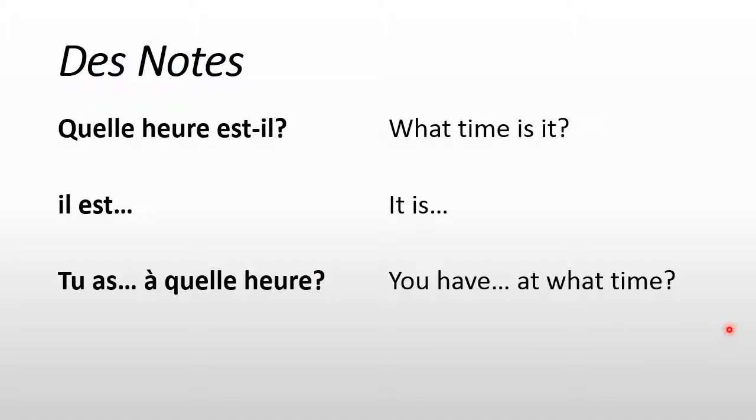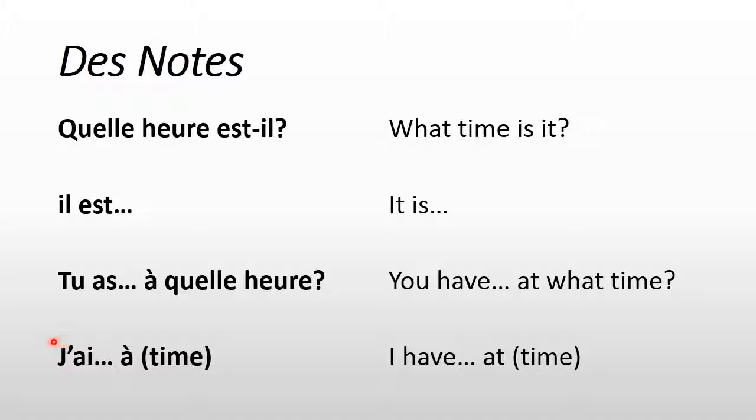And obviously we'd need to know the answer to this question. If I'm asking tu as, you have, I would want to start with I have, so that would be j'ai. And then we have our dots again, so that would be where our class would go. And then à, and then a time. So my question to you is, tu as français à quelle heure?